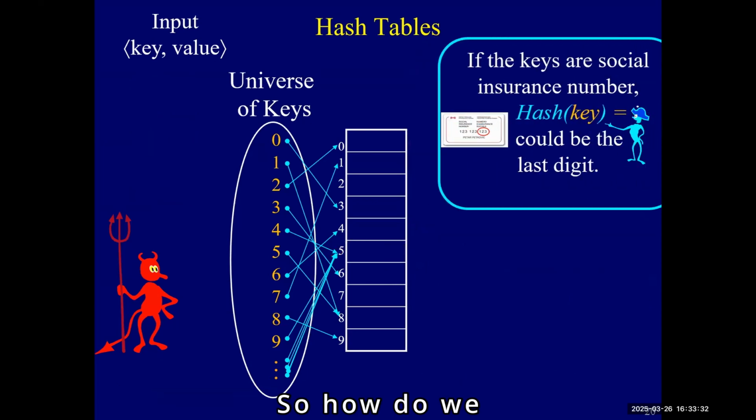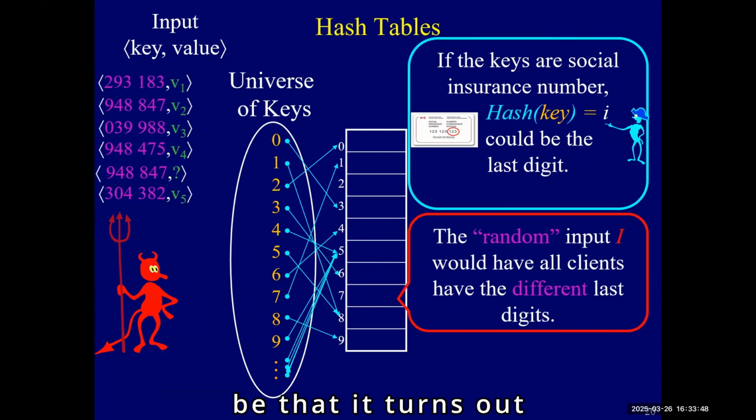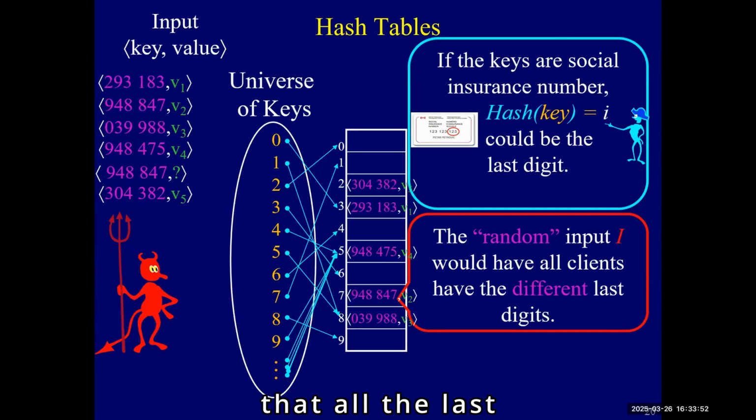So how do we deal with that? Here, for example, we could hash to the last digit. Why not? But then it could turn out that all the last digits are the same. If the input was random, then that might be fine.